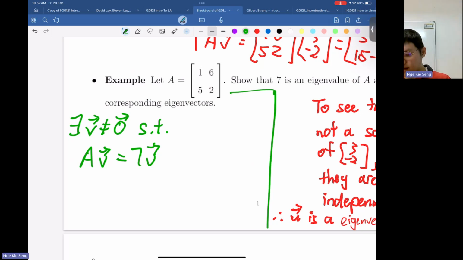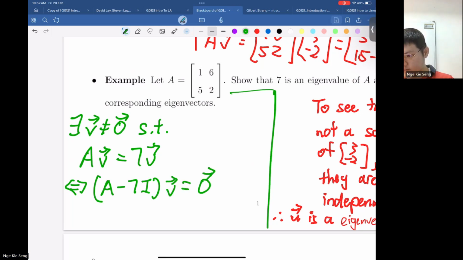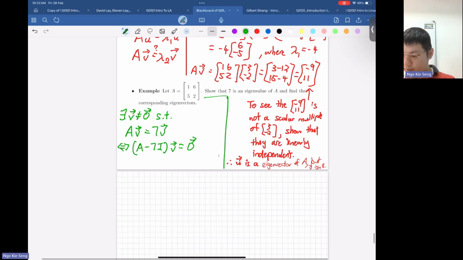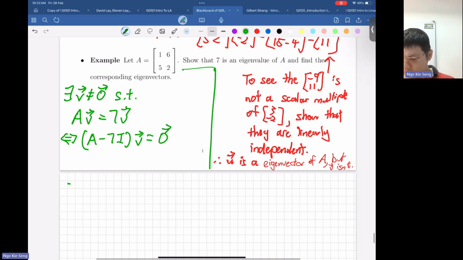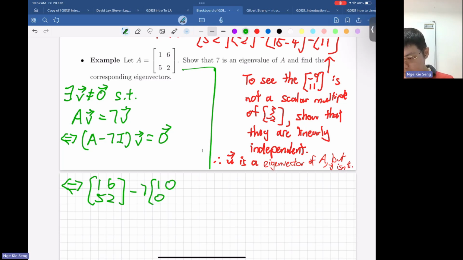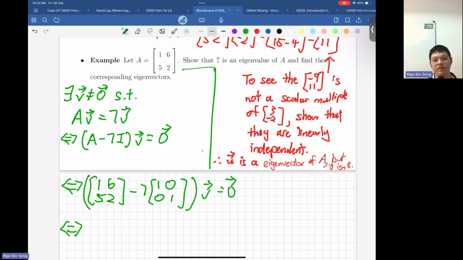To solve this, like what I discussed with you just now, this is equivalent to A minus 7I times V equals 0. But you note that A is already given. So it's 1652 minus 7 times the identity matrix. And if you combine, A minus 7I is just one matrix, right?